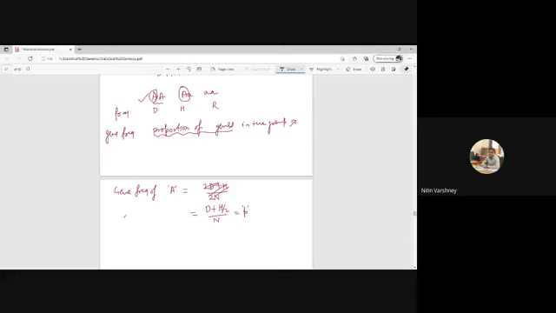Just like, if I want to find the gene frequency of small a, this will be R plus H by 2 upon N, that is q. Why am I doing H by 2?